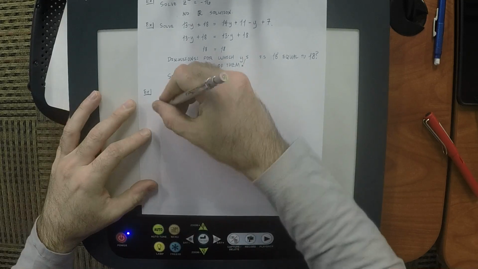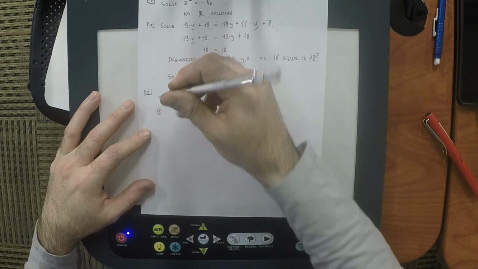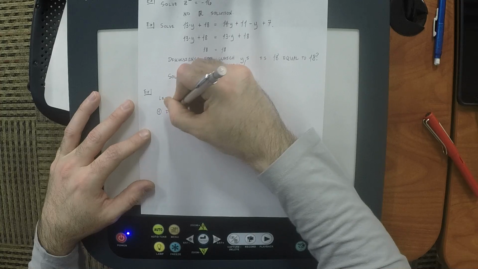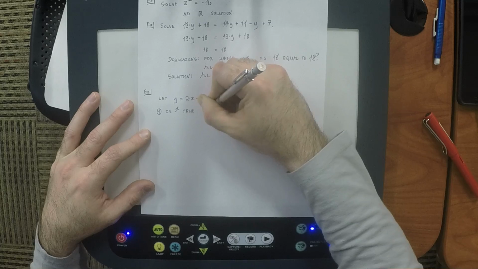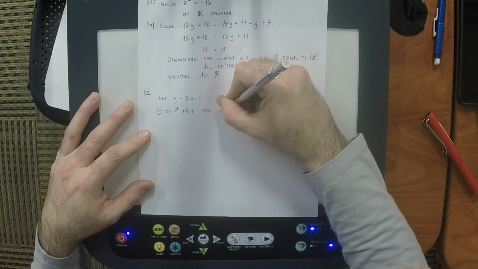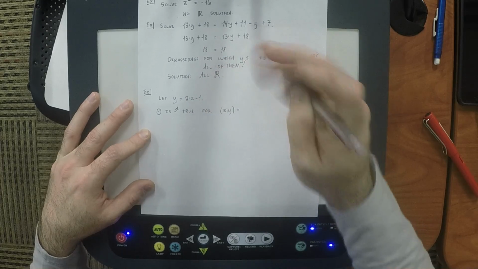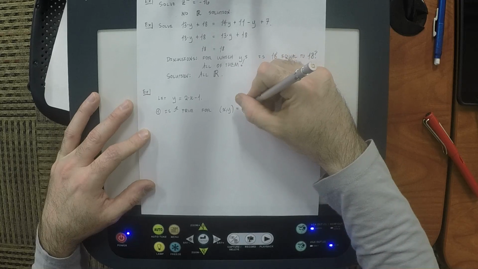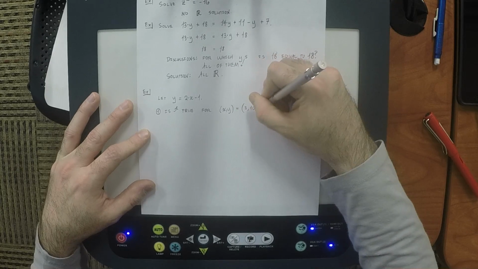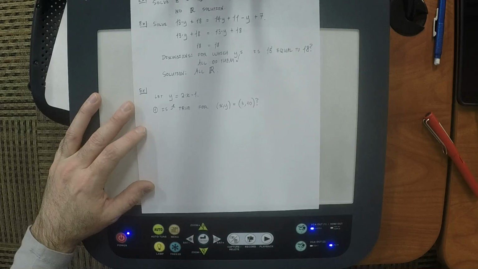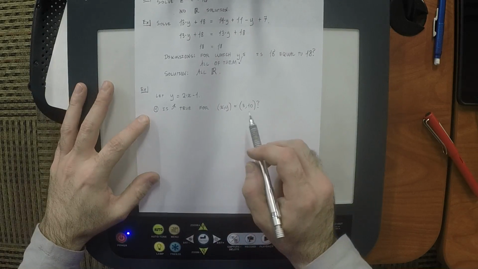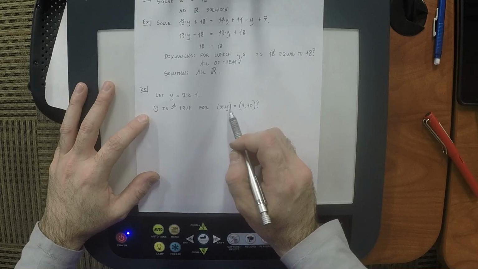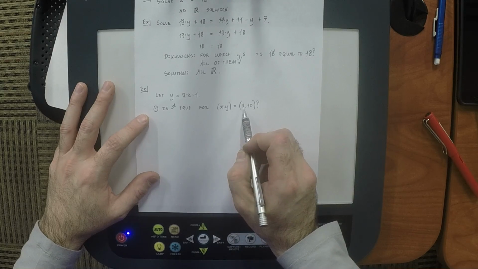And I could ask, is this equation true for x, y equal to, how about 3, 10? Well, how do we confirm or deny that? We're going to substitute x equal 3 and y equal 10.